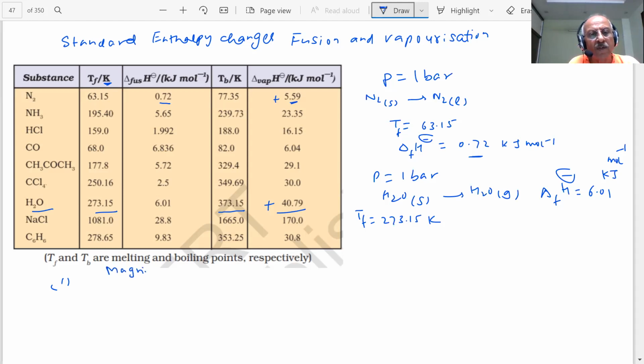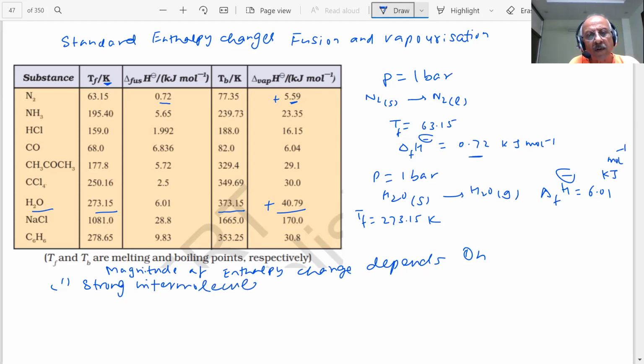The magnitude of enthalpy change depends on which factor? One depends on what I told you: if there is a strong intermolecular hydrogen bond, then the interaction force is strong.